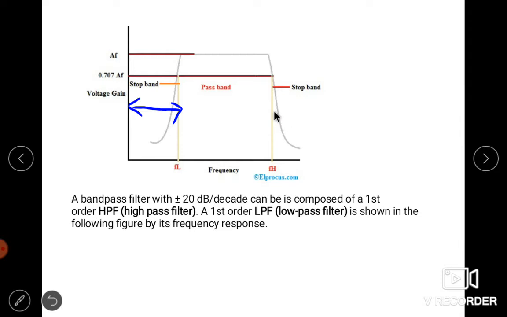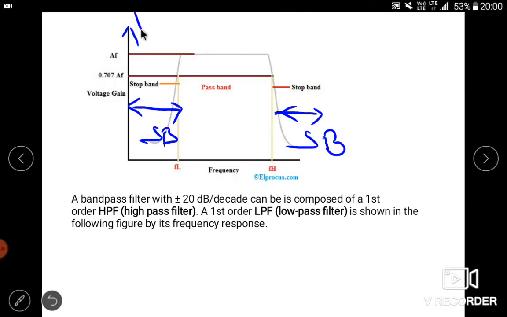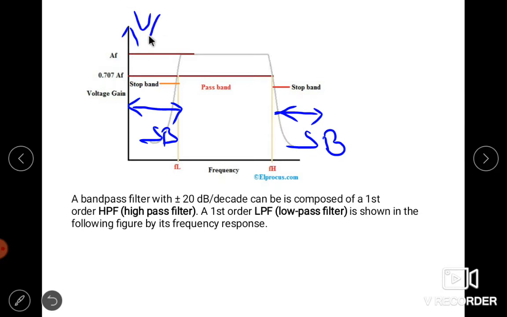This is the stop band, and this is also the stop band. These are the stop band areas, and this is the voltage gain.